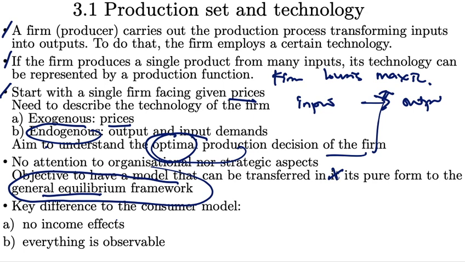Well, for the firm, everything is observable. Therefore, we have what we call perfect information. We don't have myopic characteristics of firms and also the owner of the firm. So we are running our analysis here in a pure competitive model.